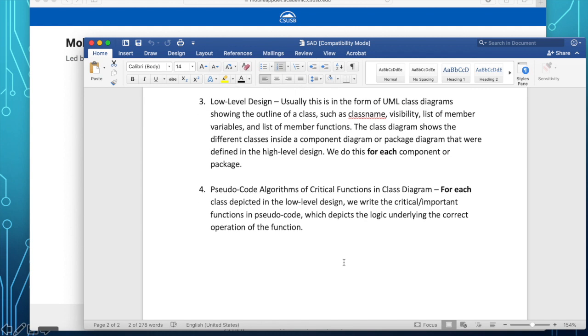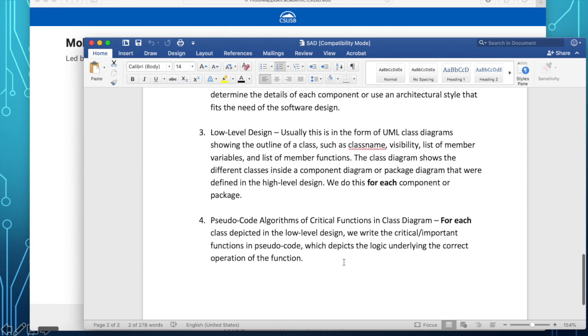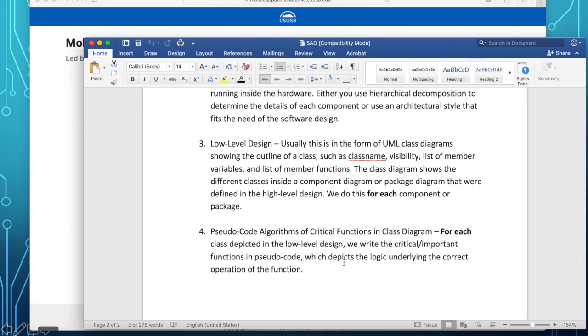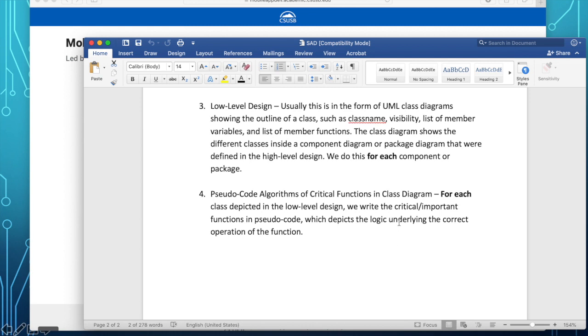And then finally, when you reach the pseudocode level or the member functions of the class, you select for each of the member functions or methods that are critical. Now remember that not all of the functions you will have to detail.